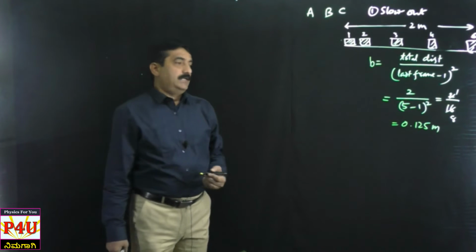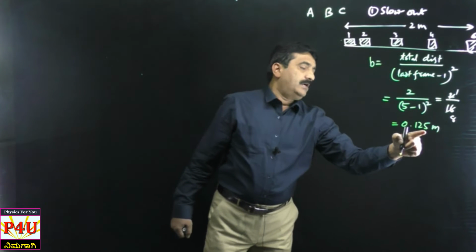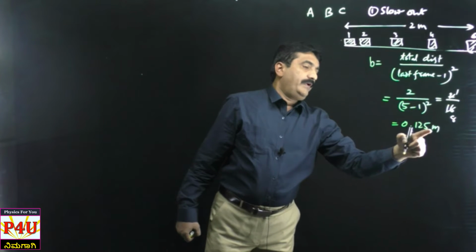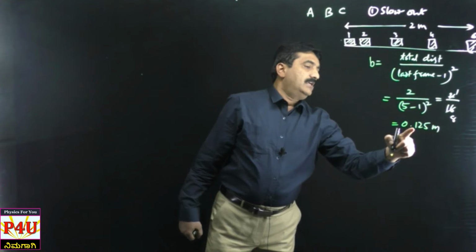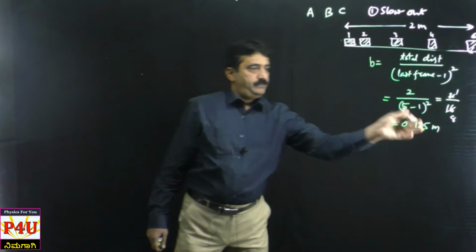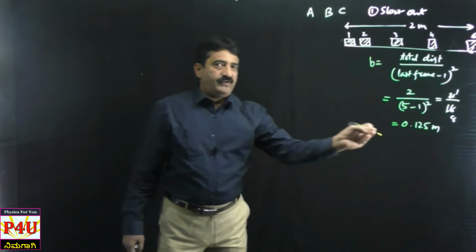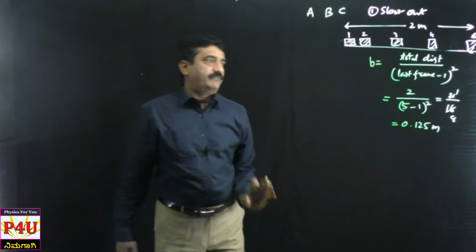Please check this. 8 5s are 40, 8 2s are 16 plus 4, 20, 8 ones are 8 plus 2, 1. Correct. So it is 0.125. This you can do using calculator. I just verified because I am not using calculator here.